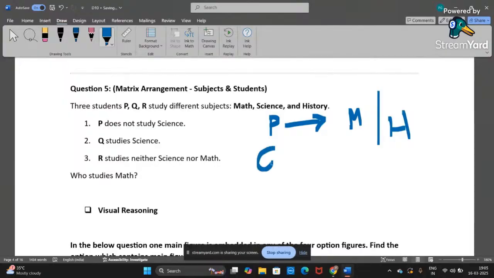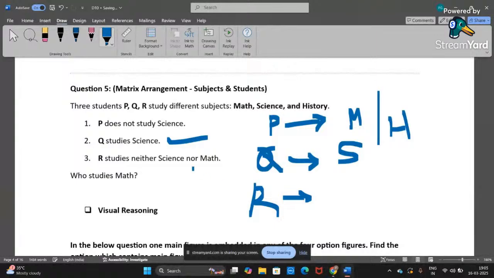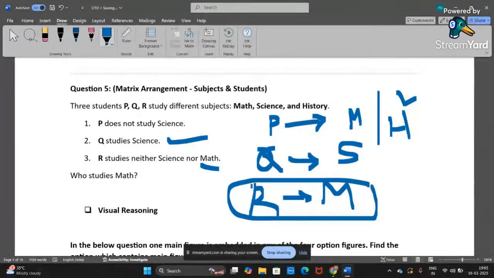Yes. Q studies the subject science. They are given here. So R studies neither science nor maths. Already science is studied by Q, so left out is maths. P is studying history because maths is studied by our student R. So what is the question here? Who studies maths? R, right? Yes. The student R studies math subject.